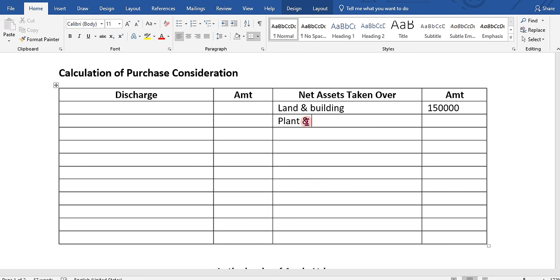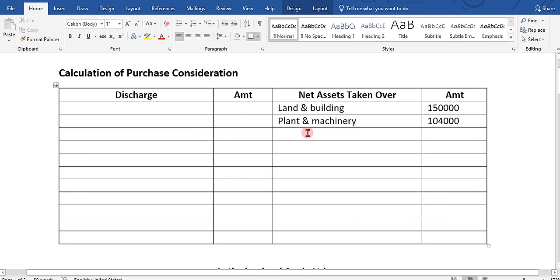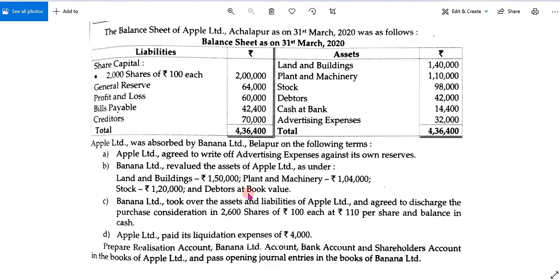Next stock, 1,20,000. After stock, debtors are at book value. That means what is the value which is given in the balance sheet. So debtors value will be 42,000 and cash at bank 14,400.